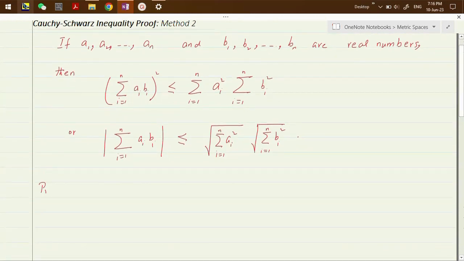The proof is given by this. Since we know that the geometric mean of any two non-negative real numbers a and b, which is root of ab, is less than or equal to their arithmetic mean, which is (a plus b) by 2.